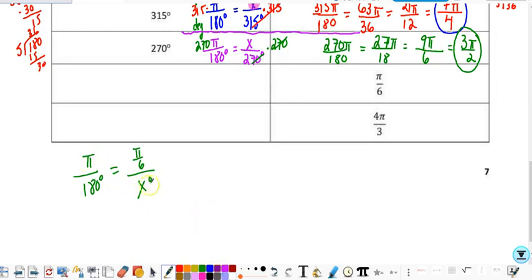And to solve this, I can multiply both sides by x. So now I've got x times pi over 180 equals pi over 6. And then on this side, I want to get the x by itself, so I'm going to multiply by 180 over pi.